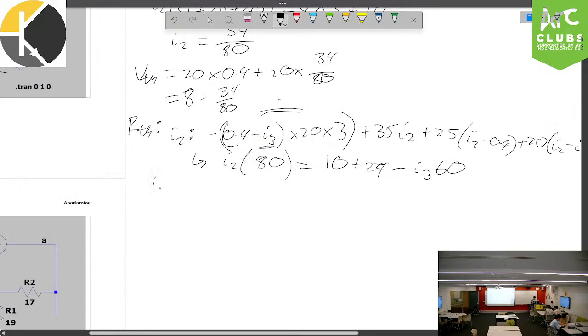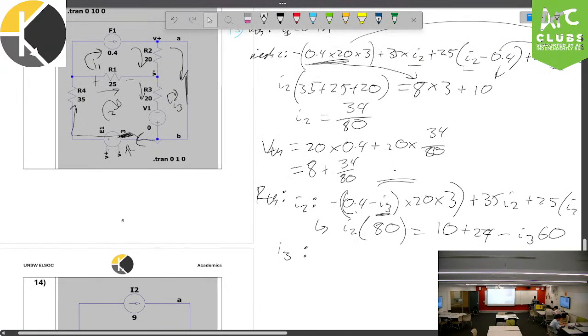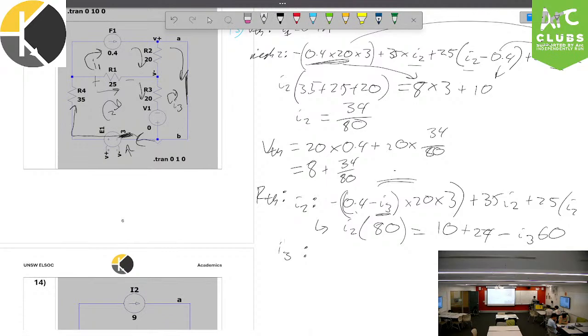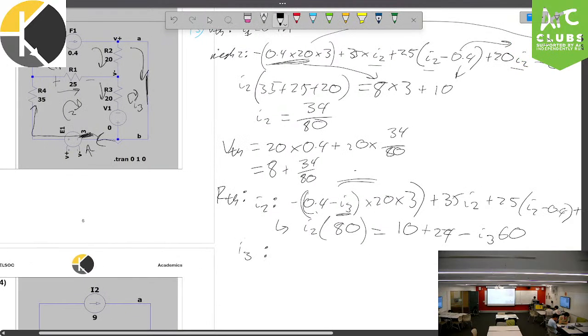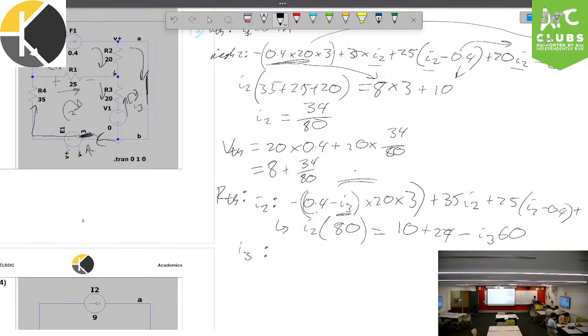Now we need to do our second equation using the mesh about I3. Doing this mesh, we go again, and it's actually two of the elements we've already considered. So I go through here, I say, okay, I have a 20 ohm resistor, I'm looking at it this way, and so I say 20 times I3 minus I2, okay, because that's the difference in current I'm seeing from this direction.